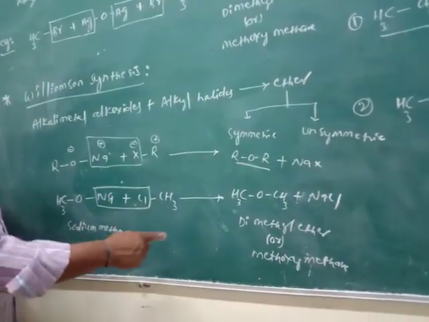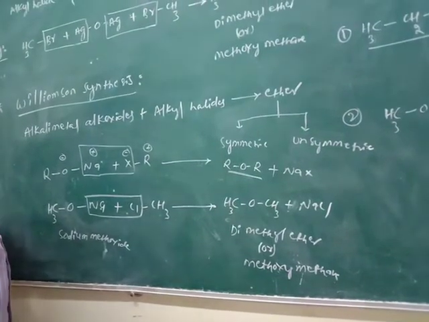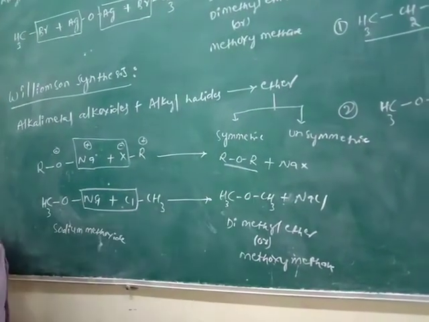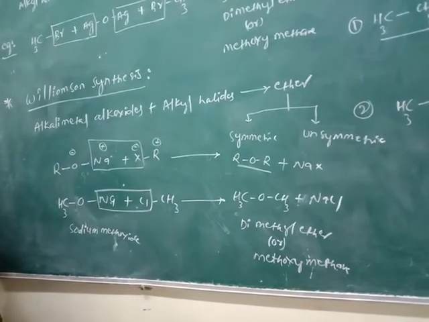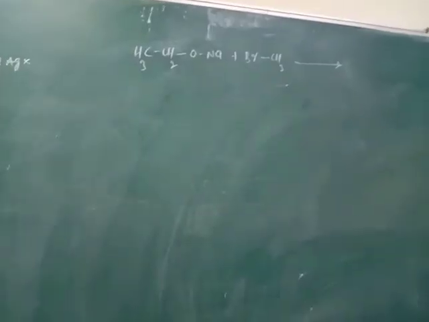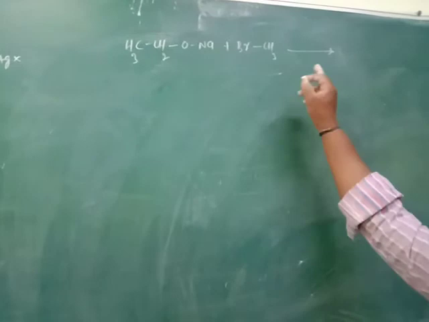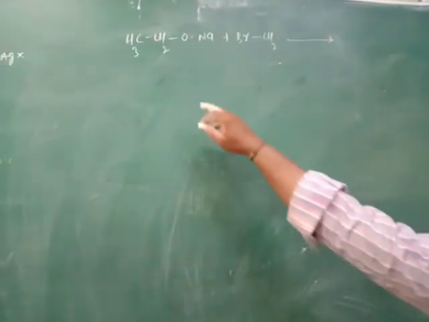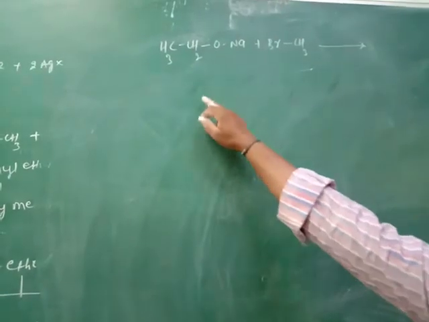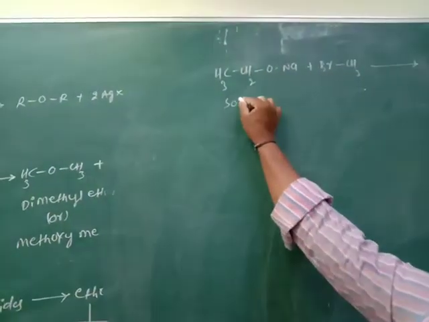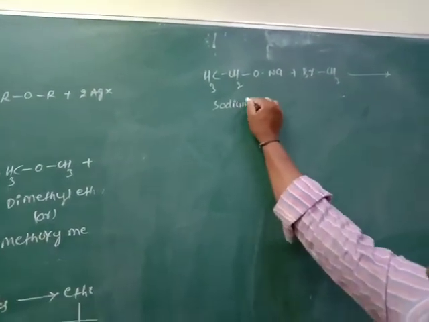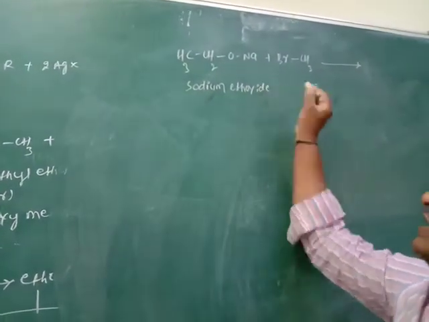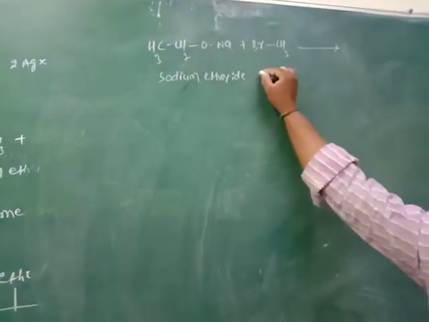In this process, the obtained ether is a symmetric ether, which means the two alkyl groups are the same. Now the preparation of an unsymmetric ether by the Williamson synthesis reaction. Sodium ethoxide is treated with methyl bromide.